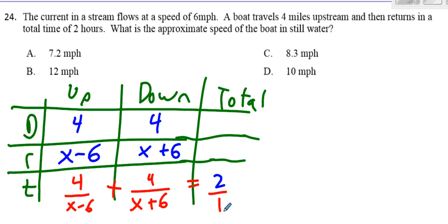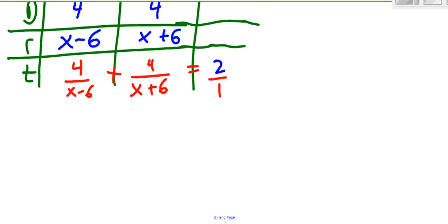So when you go to solve it, we're going to multiply everything by the common denominator, which is going to be both x minus 6 and x plus 6. So you multiply every piece, every term by x minus 6, x plus 6.